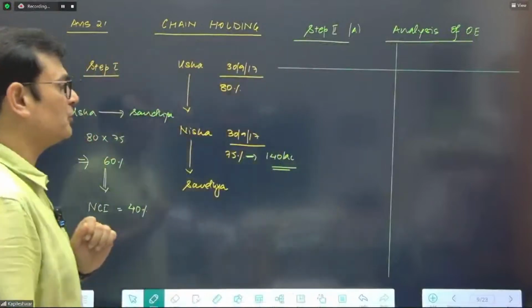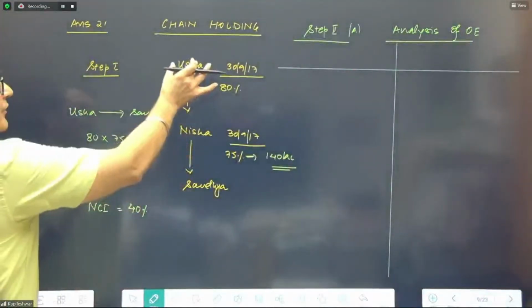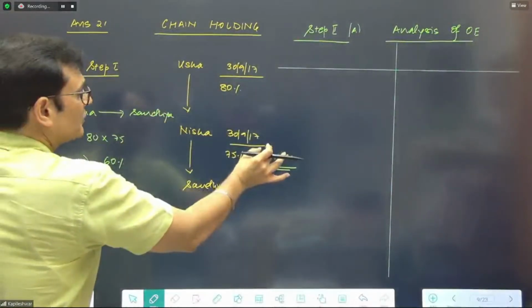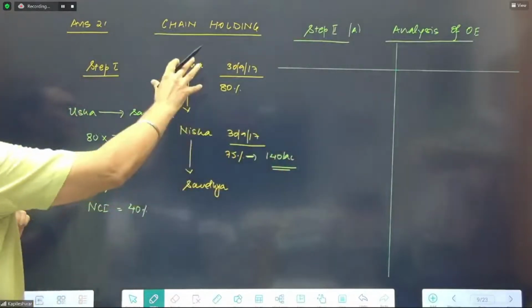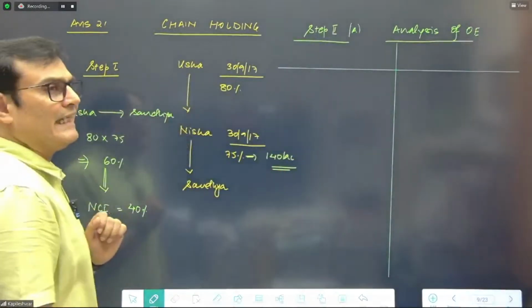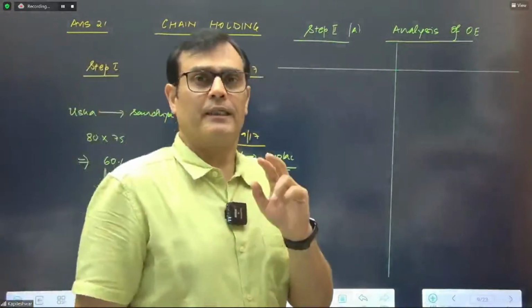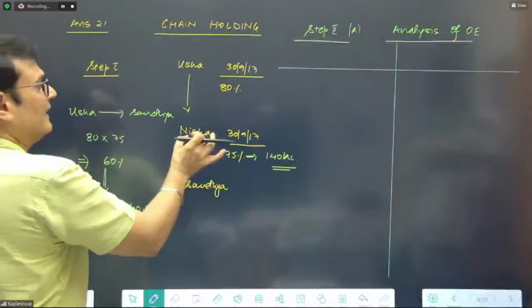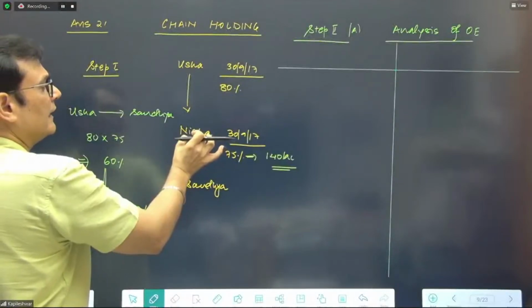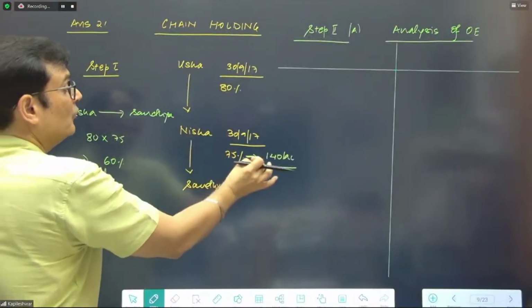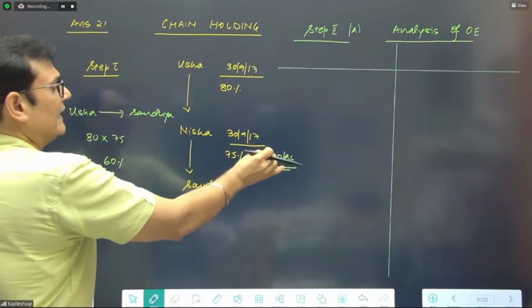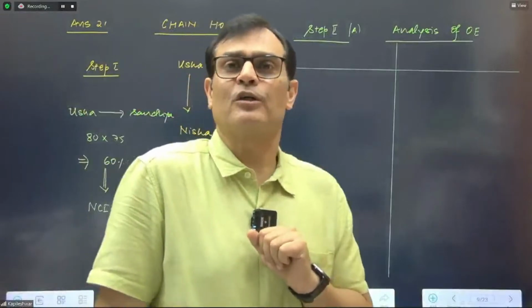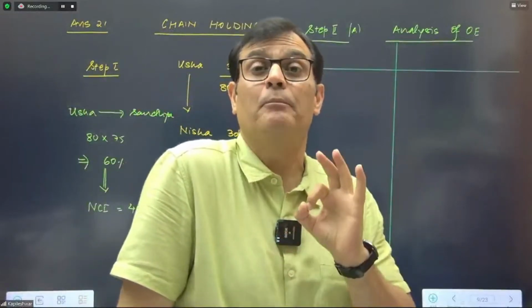But I am doing the question based on the fact that Usha has got a 60% stake. That means 80% of this is funded by Usha, because in terms of Nisha, 80% of the shares are with Usha and 20% is with the NCI. Hear me carefully. Whatever money is funded, 80% of this is funded by Usha and 20% of this is funded by NCI.